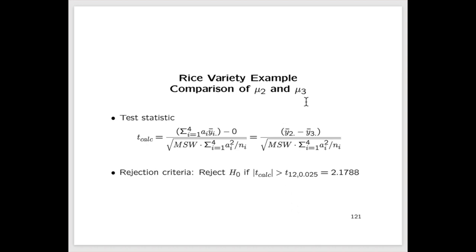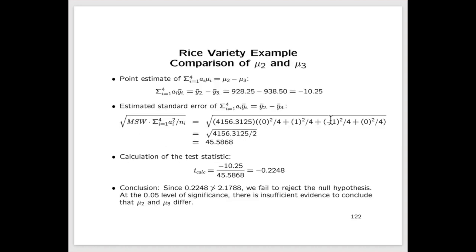All right, the test statistic has numerator y bar 2 dot minus y bar 3 dot, and the critical point is again 2.1788. Now the point estimate for mu2 minus mu3 is equal to negative 10.25, as you can see here. That's the difference between the means of samples 2 and 3.